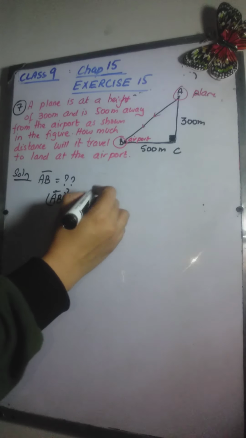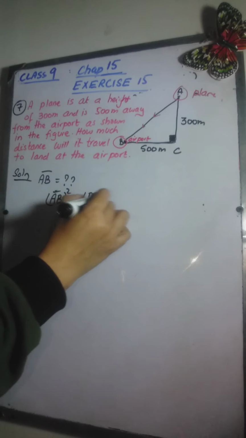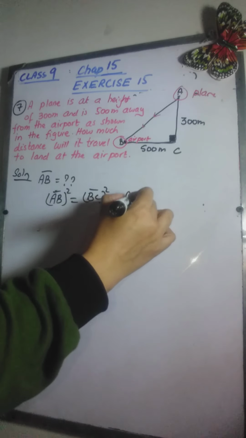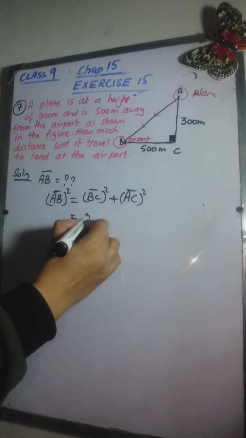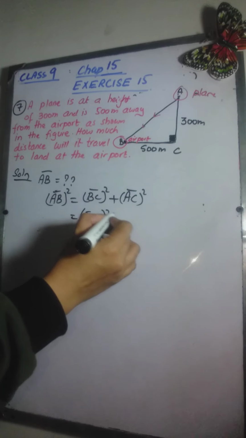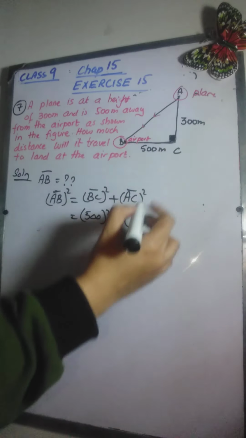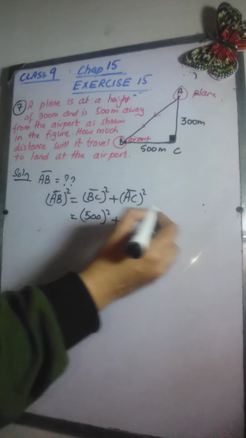So AB whole square must be equal to BC whole square plus AC whole square. Now putting the value of BC, we know it is equal to 500. So we are going to get the square of 500 plus AC is 300 square.